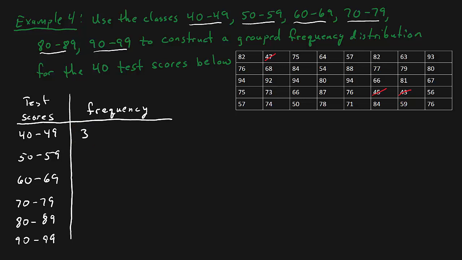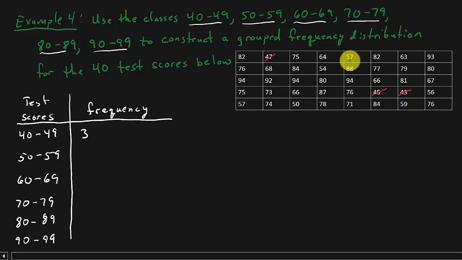I'll go ahead and do that one too, and then you can pause the video and do the rest if you want to. Between 50 and 59, so there's 1, 2, 3, 4, 5, 6. So there's 6 of them.